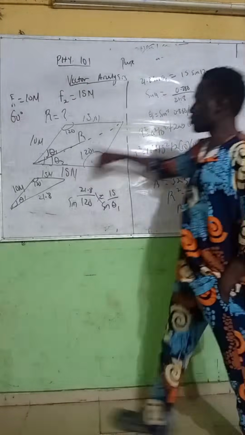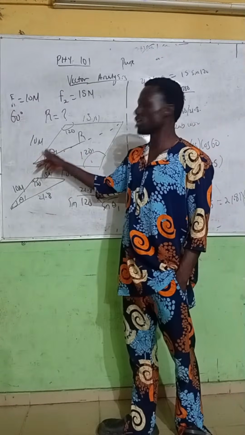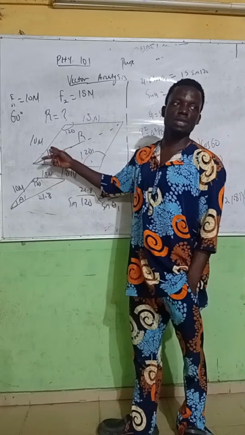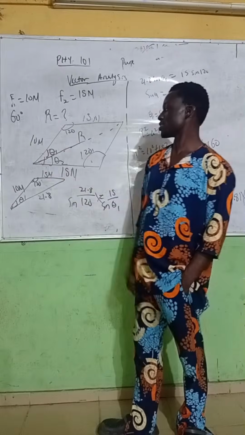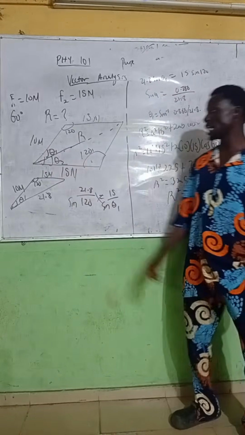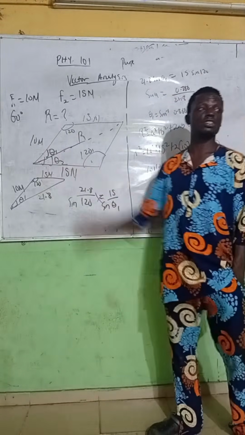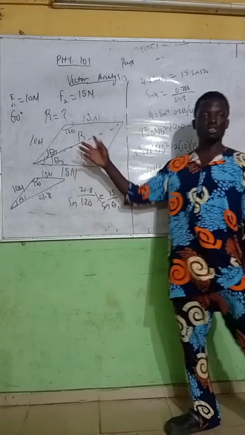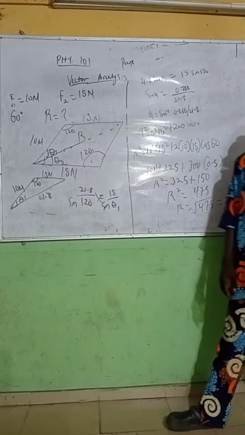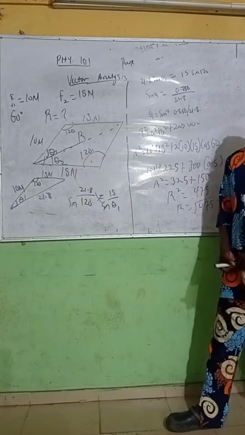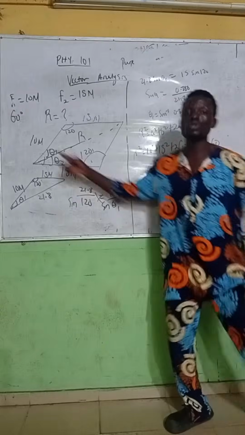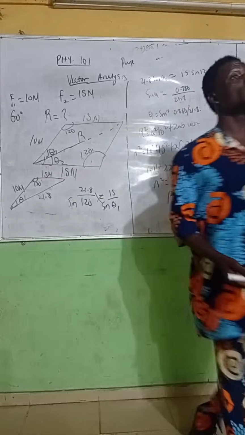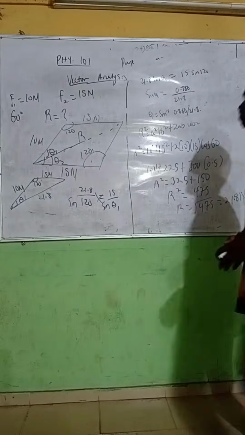Theta 1 is the direction of the resultant to the 10 Newton force, and you don't need to use the sine rule to stress yourself, just subtract this from 60. So the total is 60. Either of the two can actually be your answer. The only time you can just divide that 60 by 2 is if those two forces are equal, then theta 1 is 30 and theta 2 is 30. Are we together?